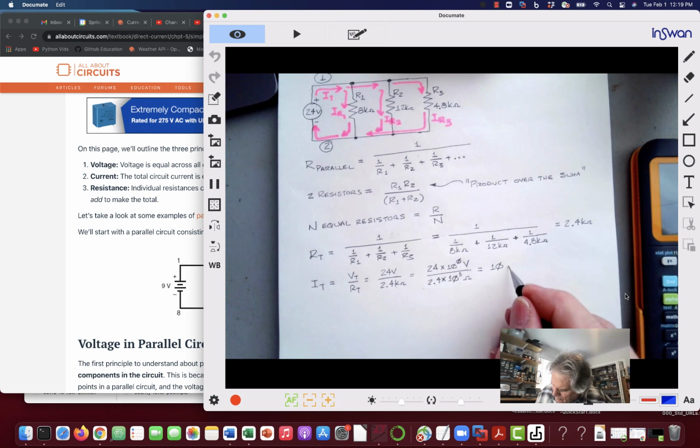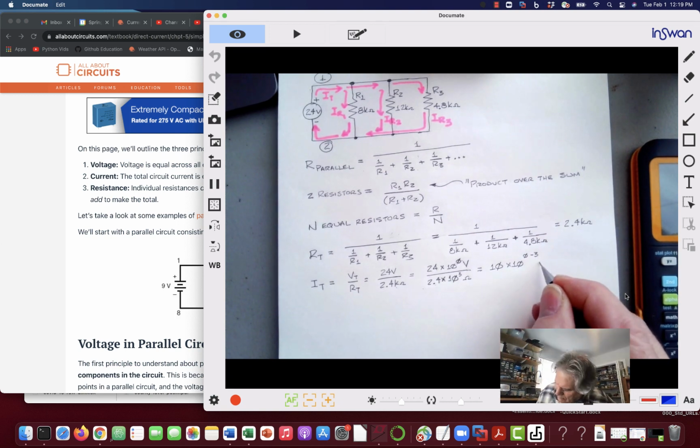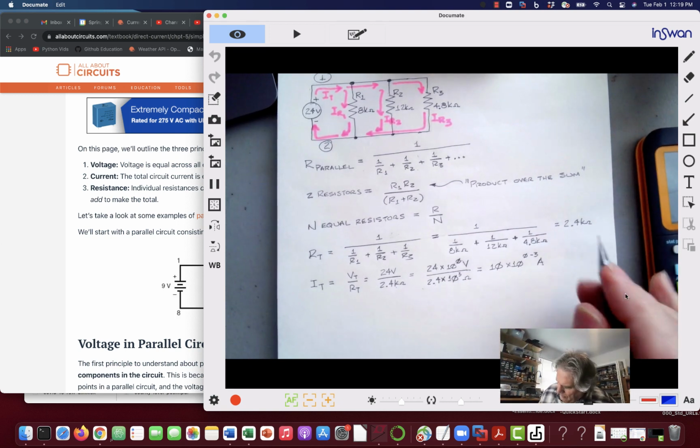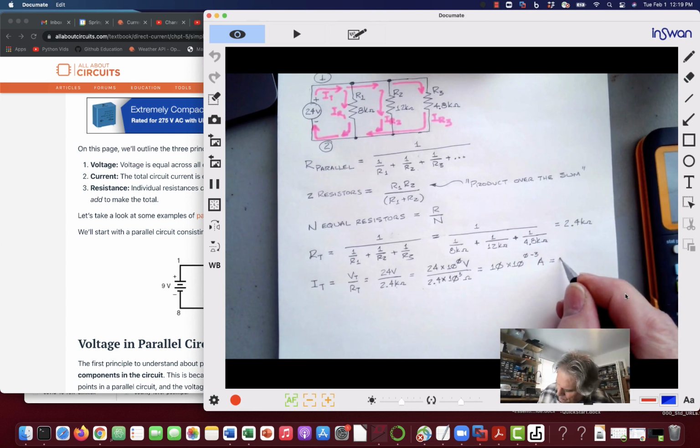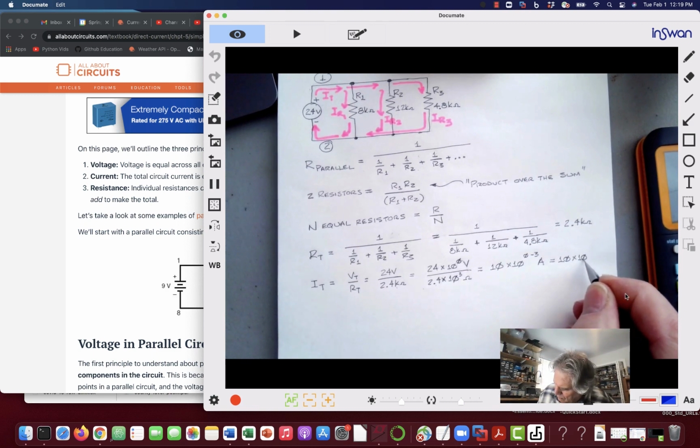And then that's going to be times 10 to the 0 minus, this is a positive 3, and that's going to be amperes, and we're going to get 10 times 10 to the minus 3 amps.